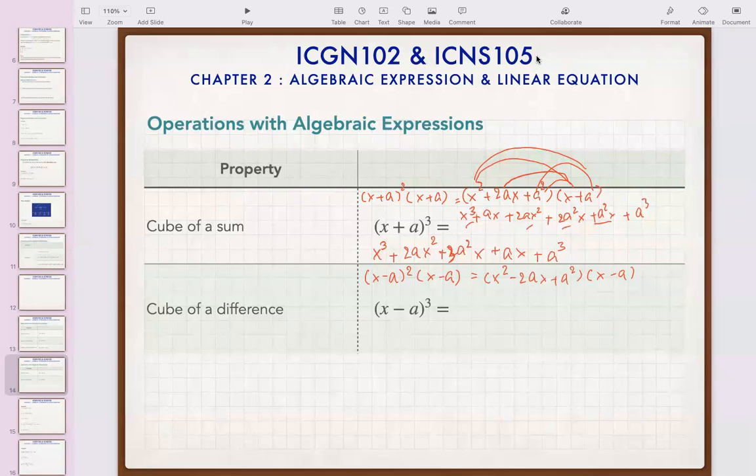Then we just distribute. I multiply x squared to x minus a first, then I get x cubed minus a x squared.